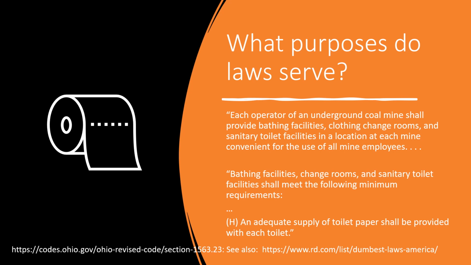Bathing facilities, change rooms, and sanitary toilet facilities shall meet the following minimum requirements. And then that subsection H, an adequate supply of toilet paper shall be provided with each toilet. So there is a somewhat humorous example of a law providing order.